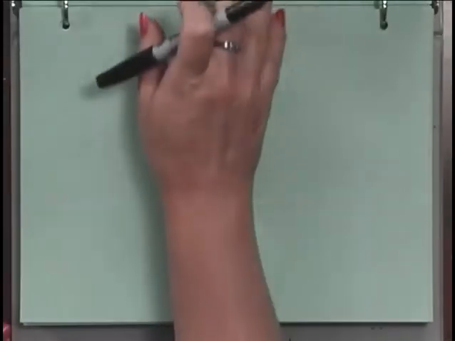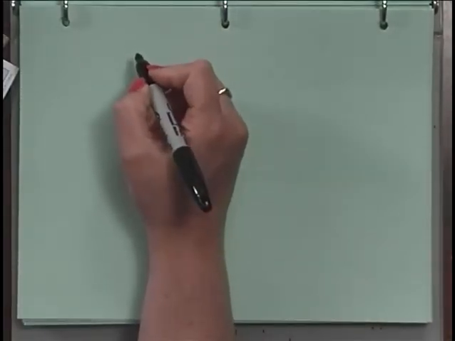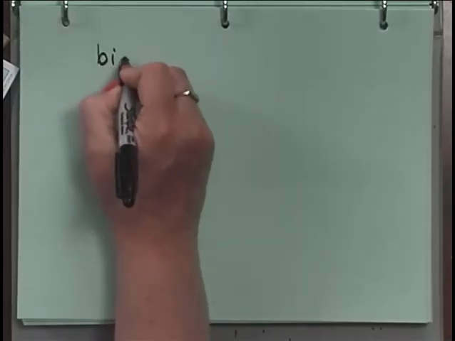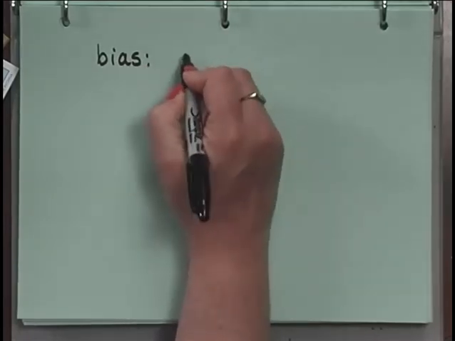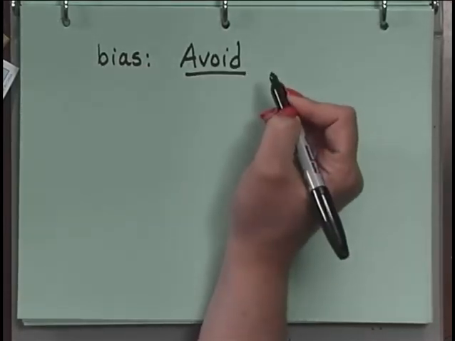Now also when you're surveying, questions should be worded in such a way that you avoid introducing bias into the survey. So we want to avoid bias. It's not something that you want.